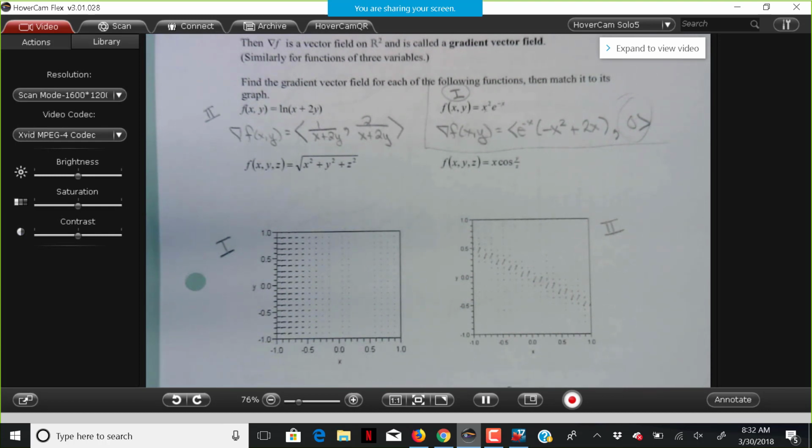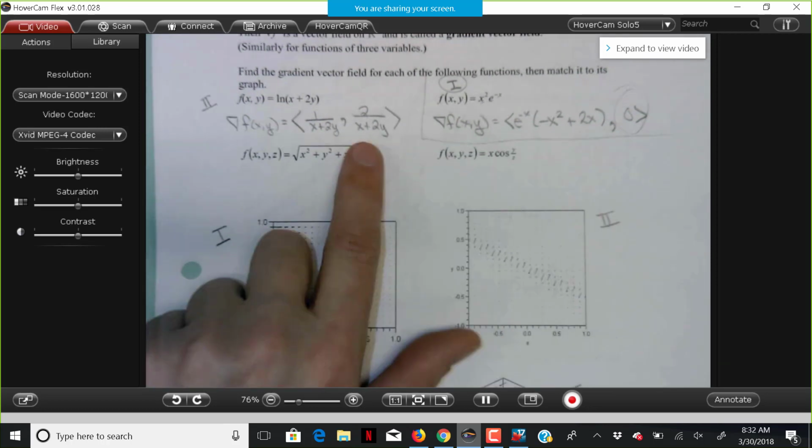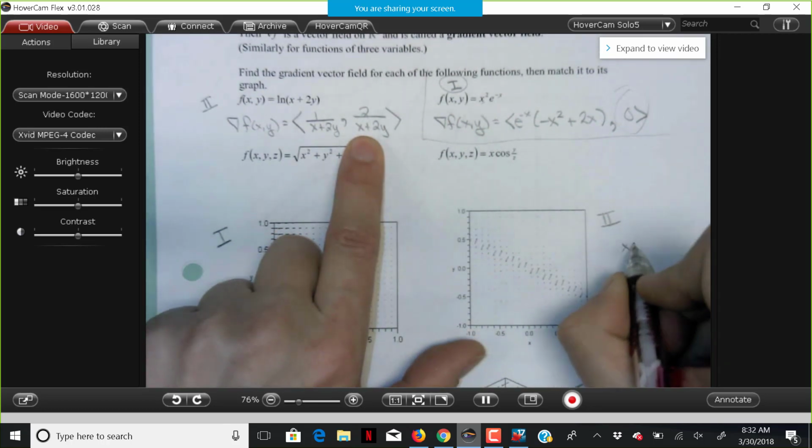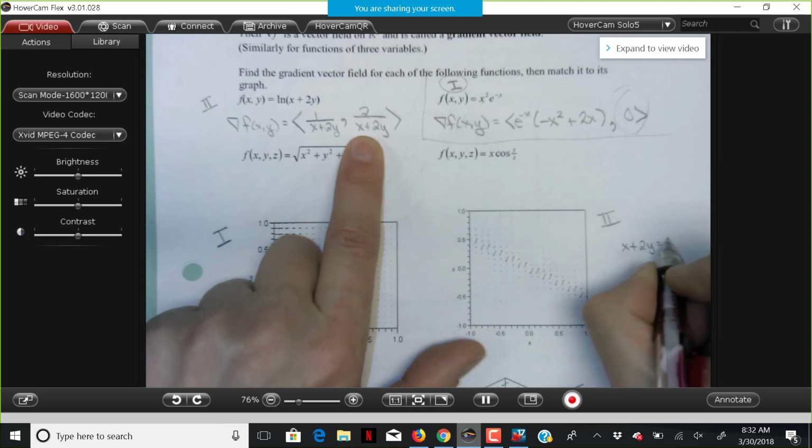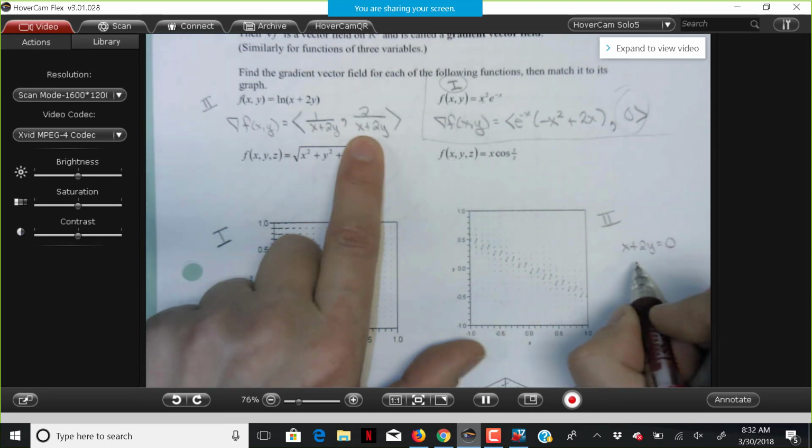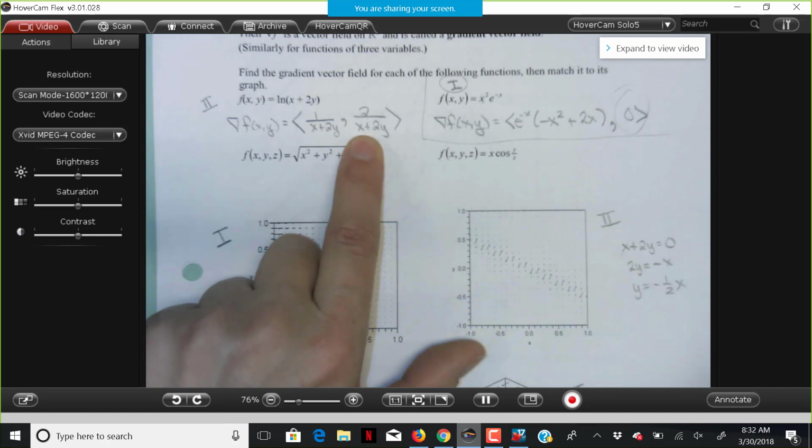Okay, we run into trouble when what happens? When the denominator is 0. So this x plus 2y equals 0 would mean x equals negative 2y or 2y equals negative x, which means y equals negative 1/2 x.